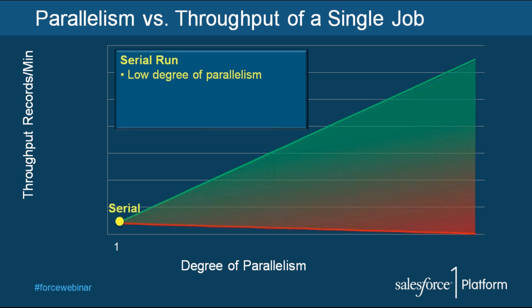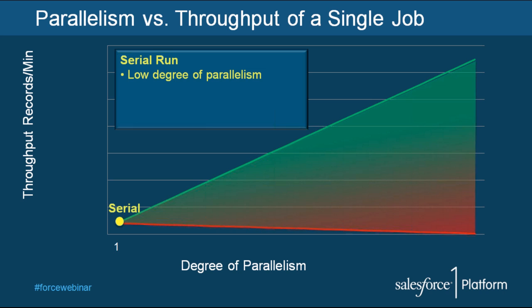Anyway, up on the left is throughput in records per minute, which is basically what we talked about just a while ago. And on the lower axis is degrees of parallelism. So with a degree of parallelism of 1 and a throughput of 20,000 records per minute, we can start to plot how well we're going to do as we go further to the right and add additional degrees of parallelism.